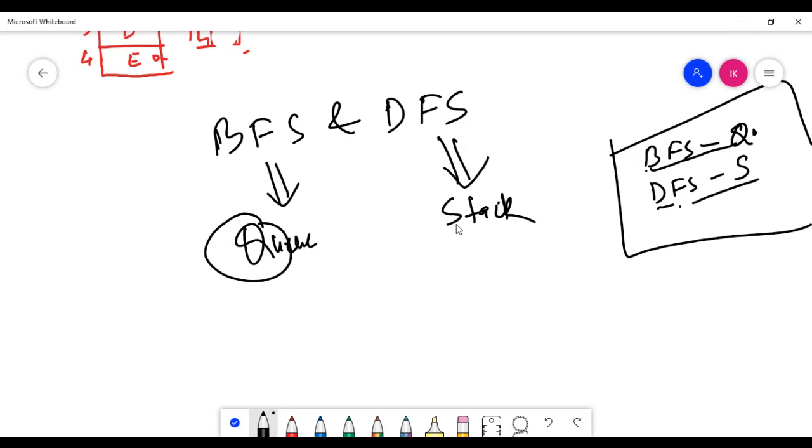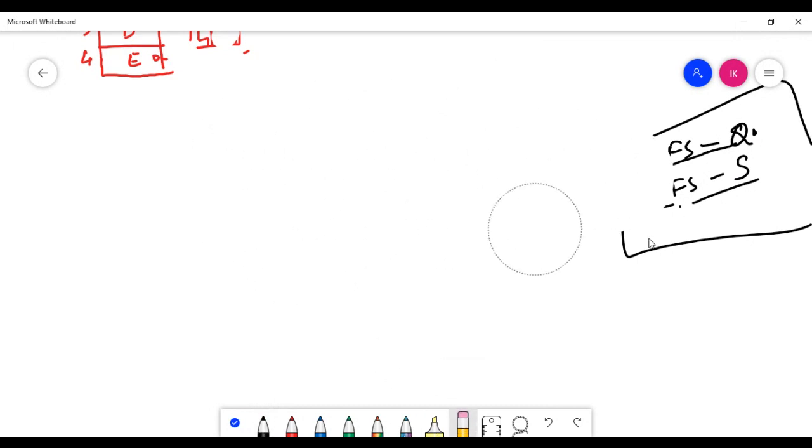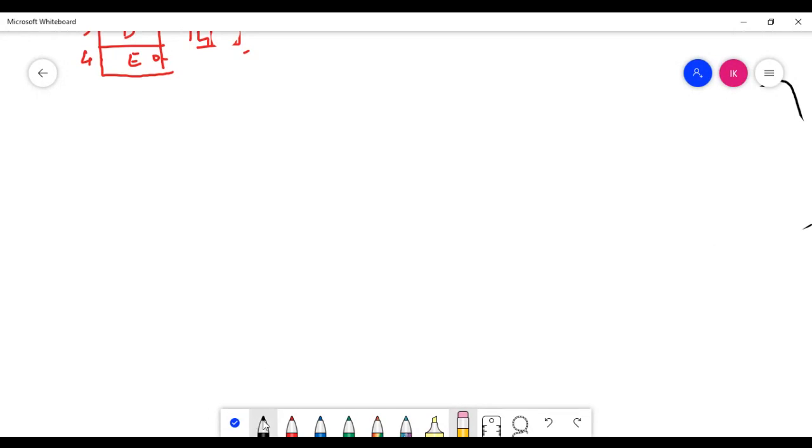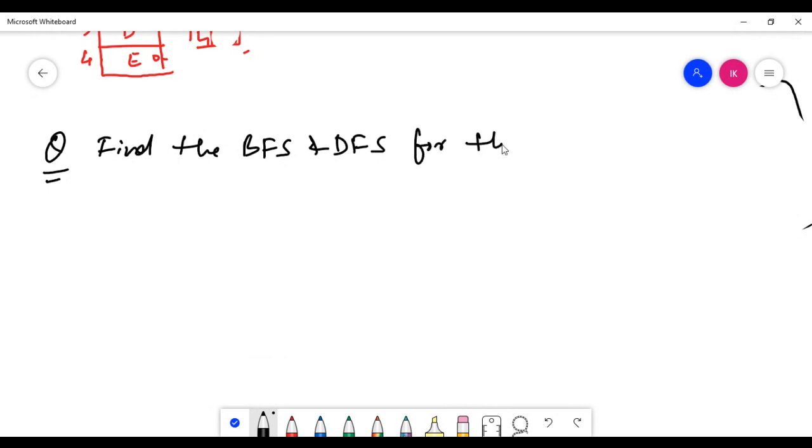Now, given a graph, how do you find the BFS and DFS? So for example I put a question: find the BFS and DFS for the following graph.